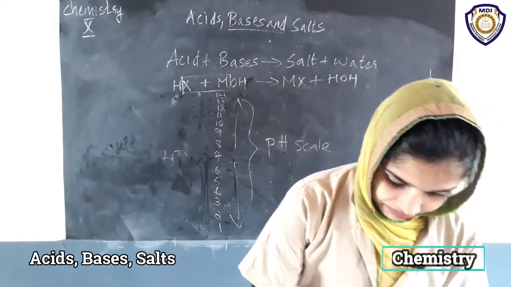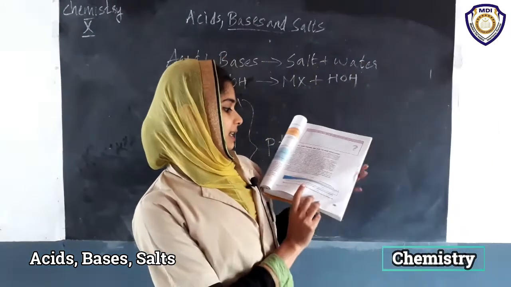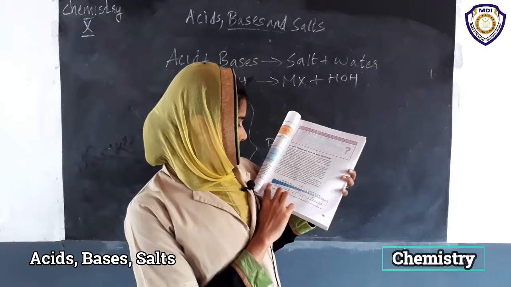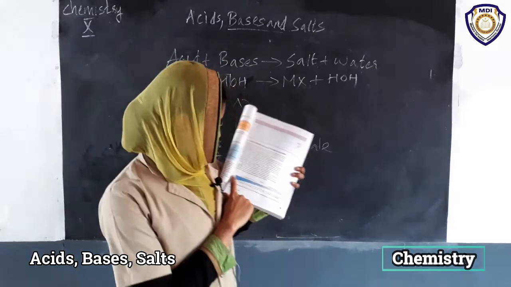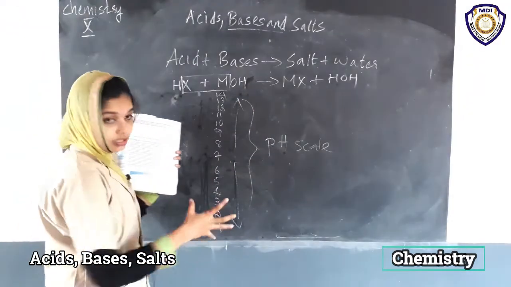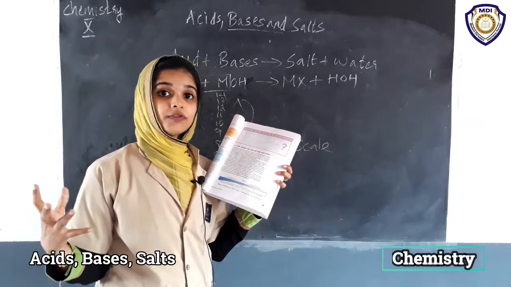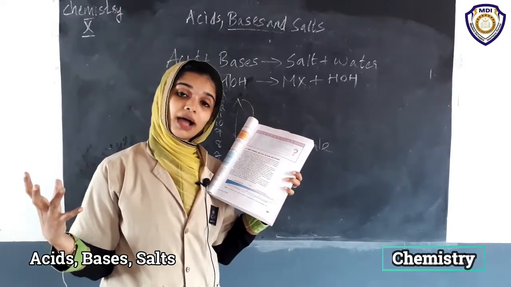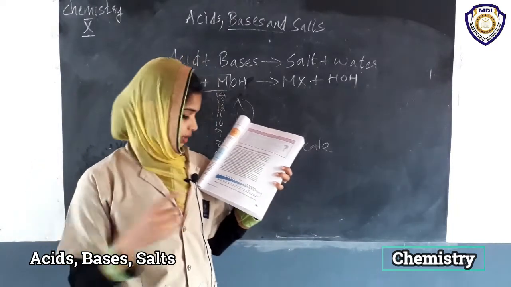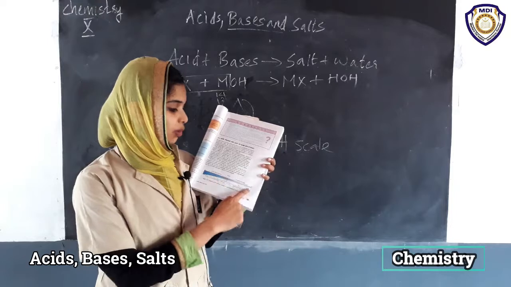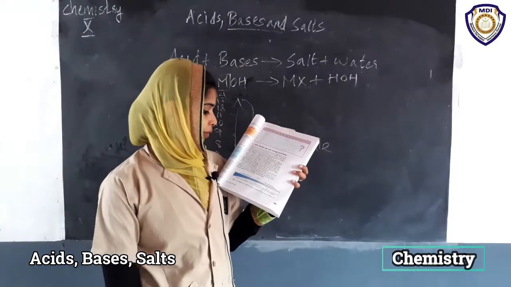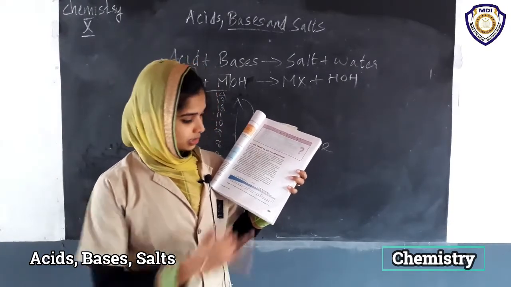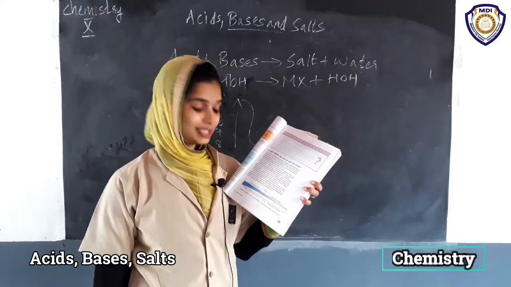Then there is a graph given in your textbook. At 0 there will be a larger amount of H plus ions, and the acid will be strong. The blue color indicates the amount of H plus ions, and the white color indicates the amount of OH minus ions.